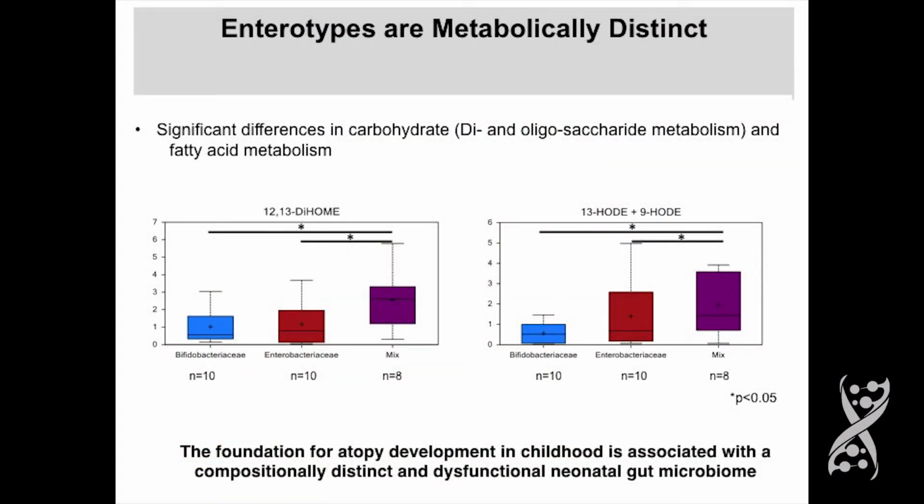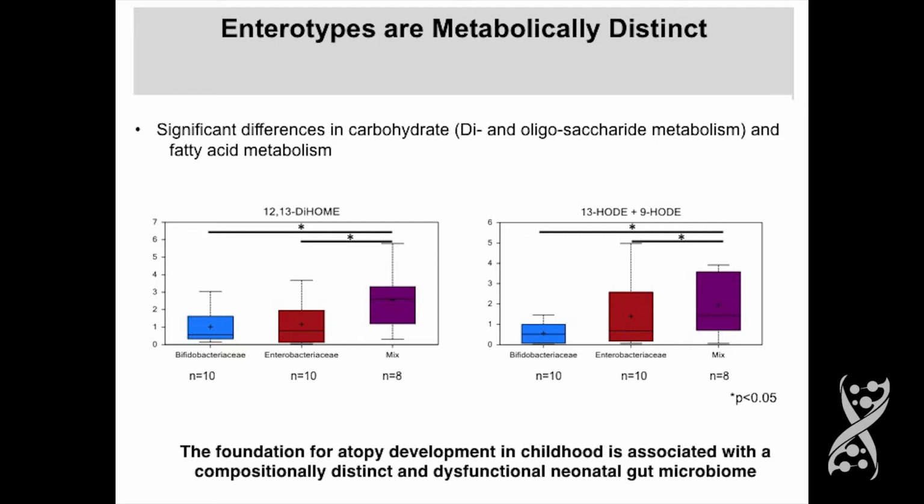But we asked specifically what characterizes the children who have that high-risk co-dominated community. And what we find is that they are significantly altered in their capacity to metabolize carbohydrates. Specifically, di and oligosaccharide metabolism is highly altered in these children, and their capacity to metabolize lipids or fatty acids.